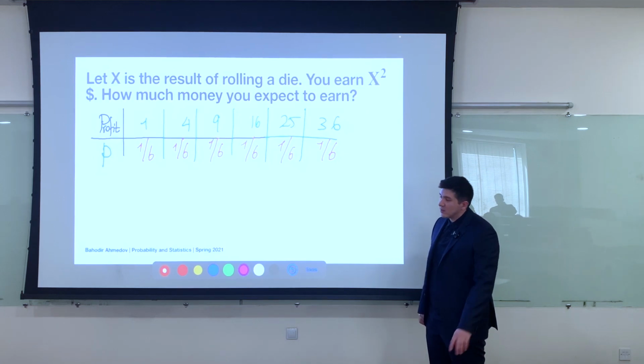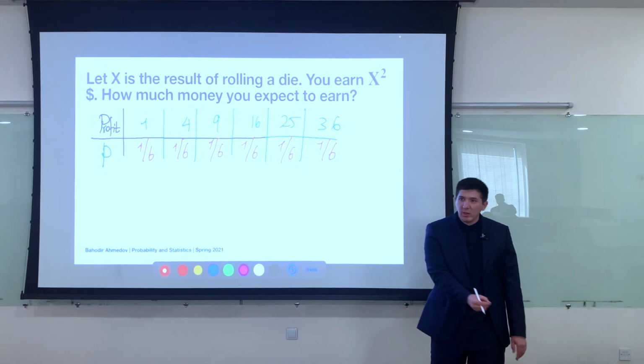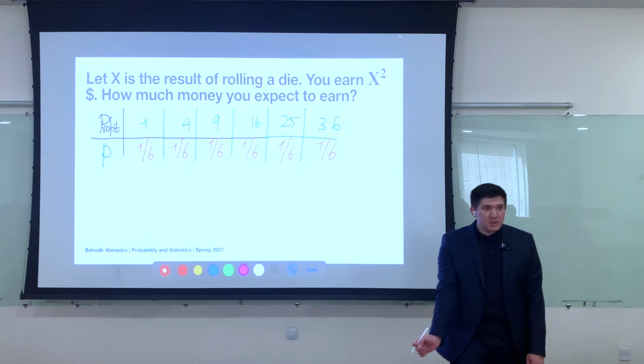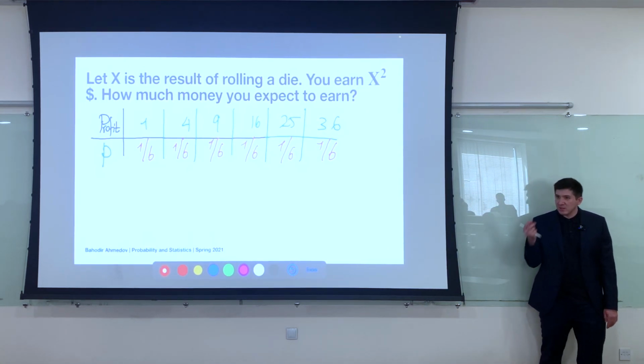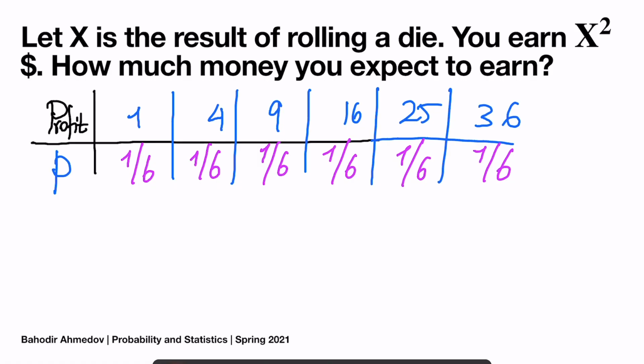The probability that he's going to earn $16 is also 1 over 6, right? Because I'm rolling a die. And the probability of getting one of these values is always the same because this is a fair die. And then the expected value of the profit is going to be equal to the sum of all of these values multiplied by their corresponding probabilities, right?